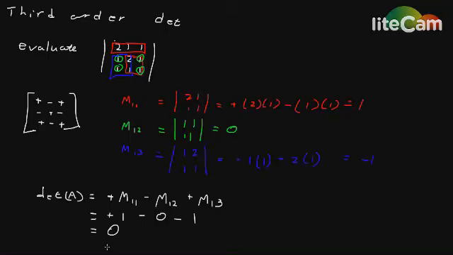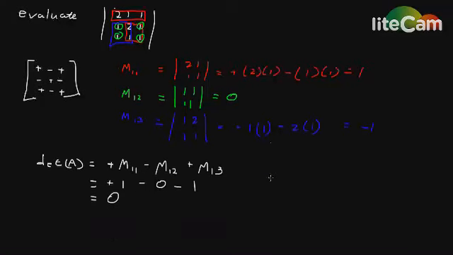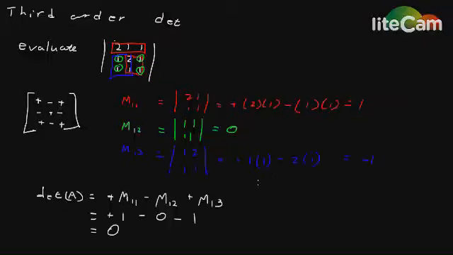Okay, and that is how you take the determinant of a third order matrix. In the next video I'm going to quickly run through some of the examples in your book, and yeah, cool, see you there.